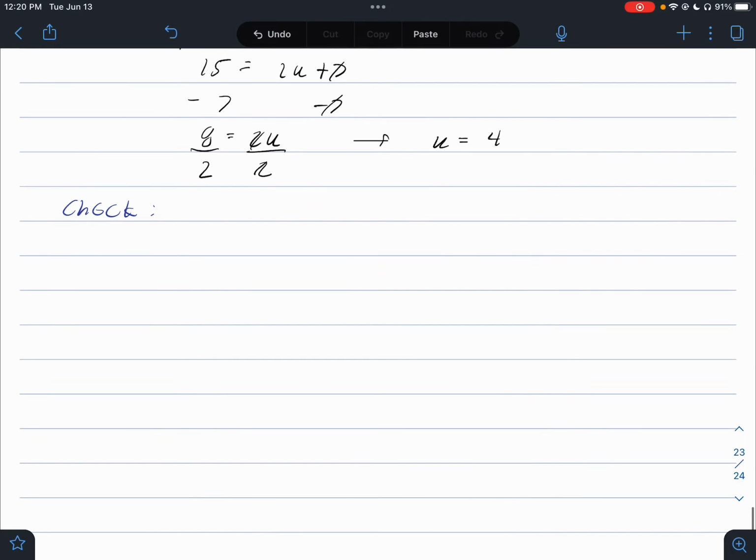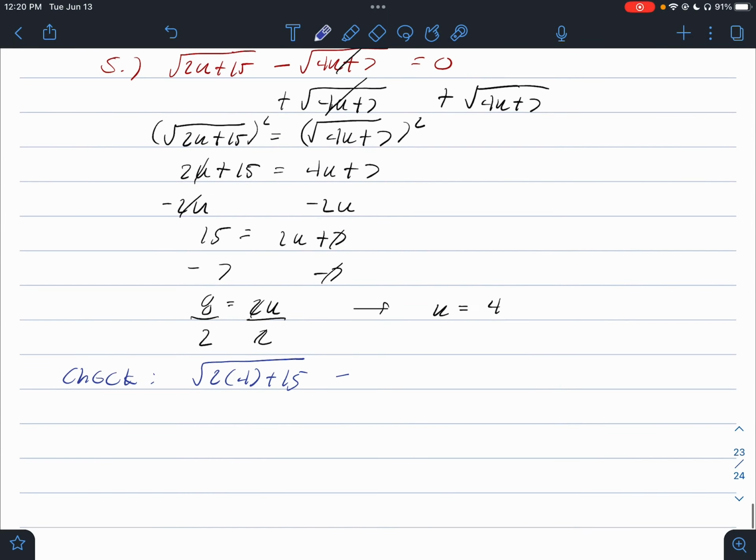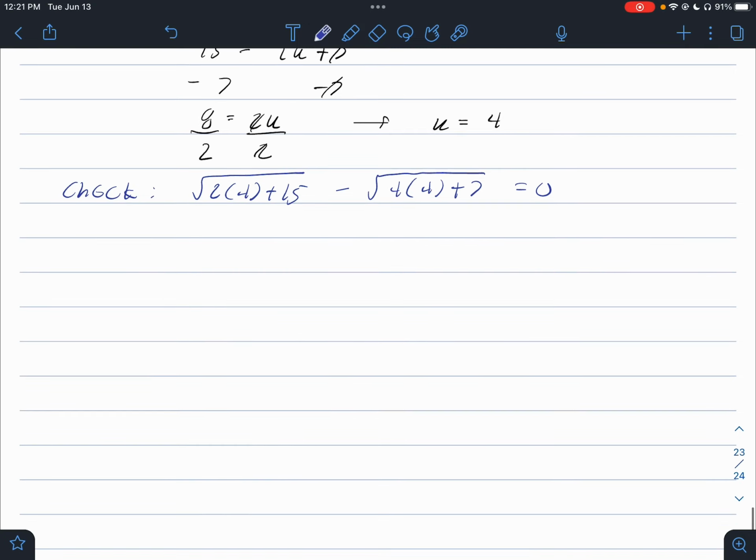All right, so we should have the square root of 2 times 4 plus 15 minus the square root of 4 times 4 plus 7. This should be equal to 0, if this is correct.